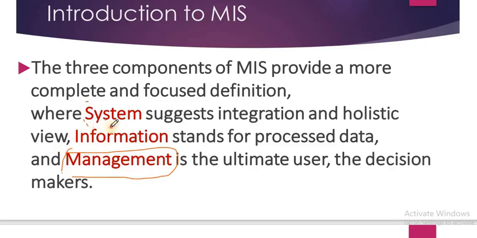We have the system, information, and the management. So we are talking about the system. It suggests the integration and holistic view, while the information stands for the processed data, and the management, the ultimate users and decision makers. You understand better when we move forward in this program.